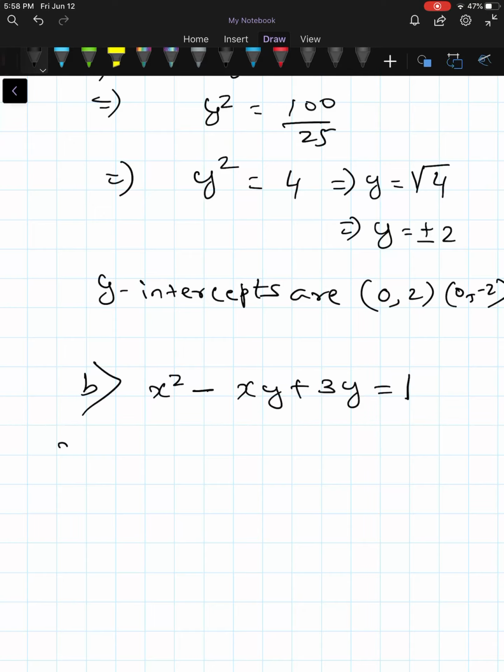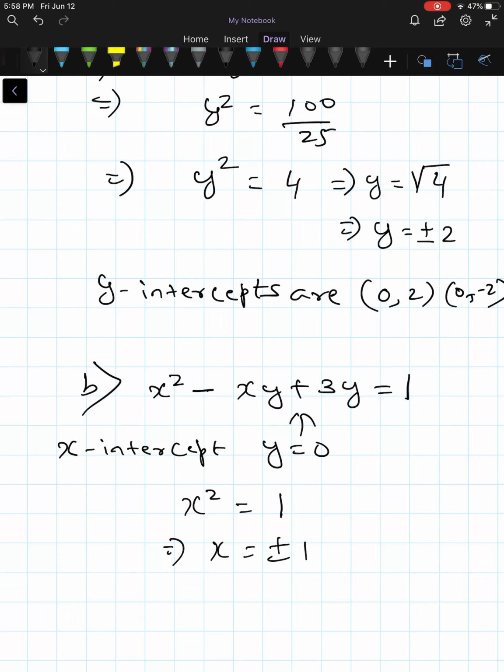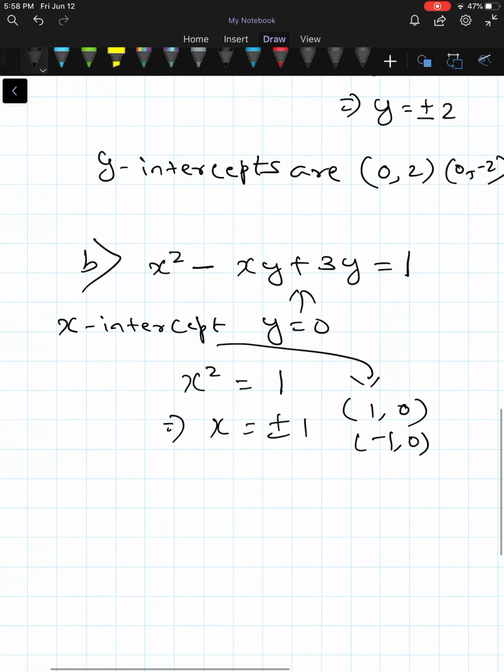Find the x-intercept and y-intercept. Again, to find the x-intercept, we will substitute y is equal to 0 in the given equation. That gives us x square is equal to 1, so x is equal to plus or minus 1. So the intercepts are 1, 0 and minus 1, 0.